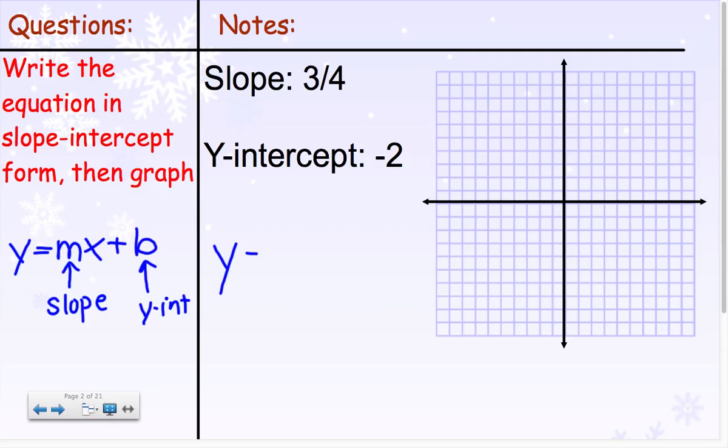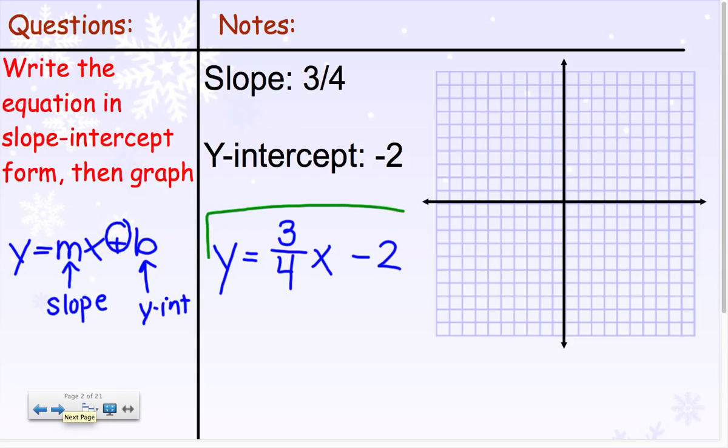Y equals, our slope m is 3/4 x, and then our y-intercept is -2. Even though our equation says plus, if our value, which is 2, is negative, it'll be a negative sign. So this is our equation in slope-intercept form.